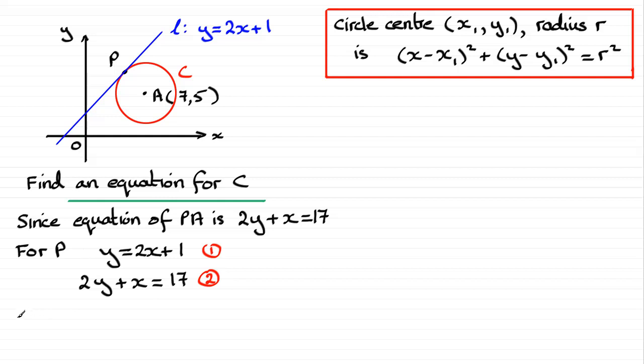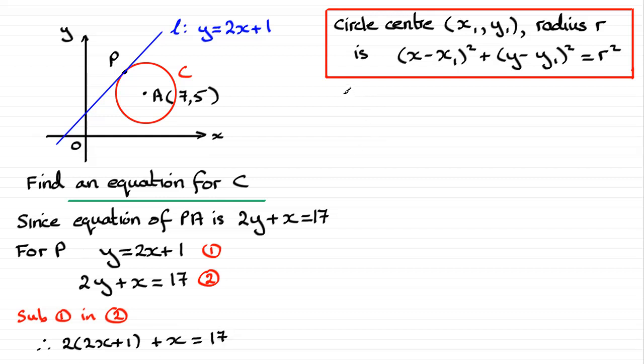Solving these simultaneously, all I need to do is substitute equation 1 into equation 2. If we do that, you're going to get 2 times the 2x plus 1, plus another x, and that's going to equal 17.